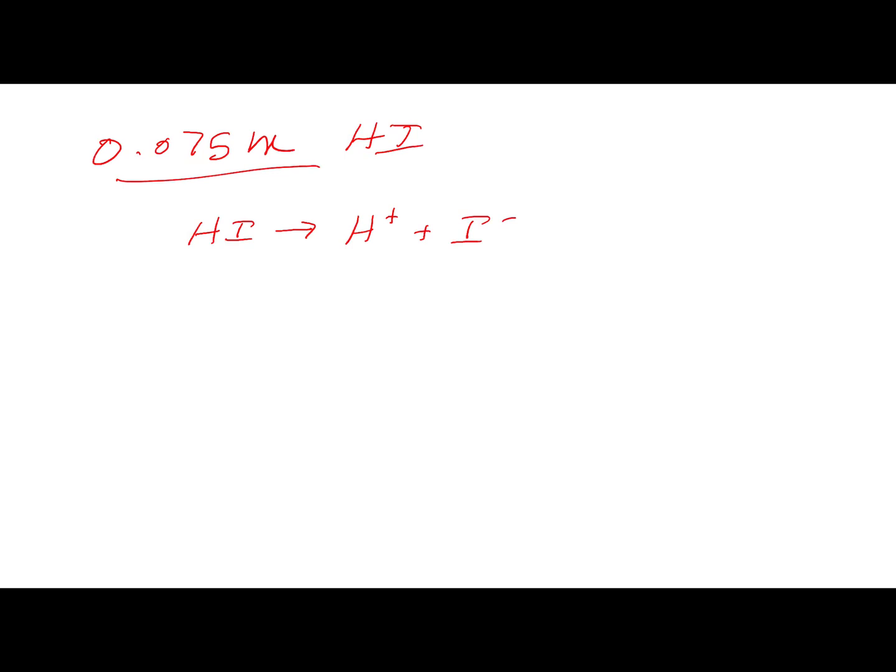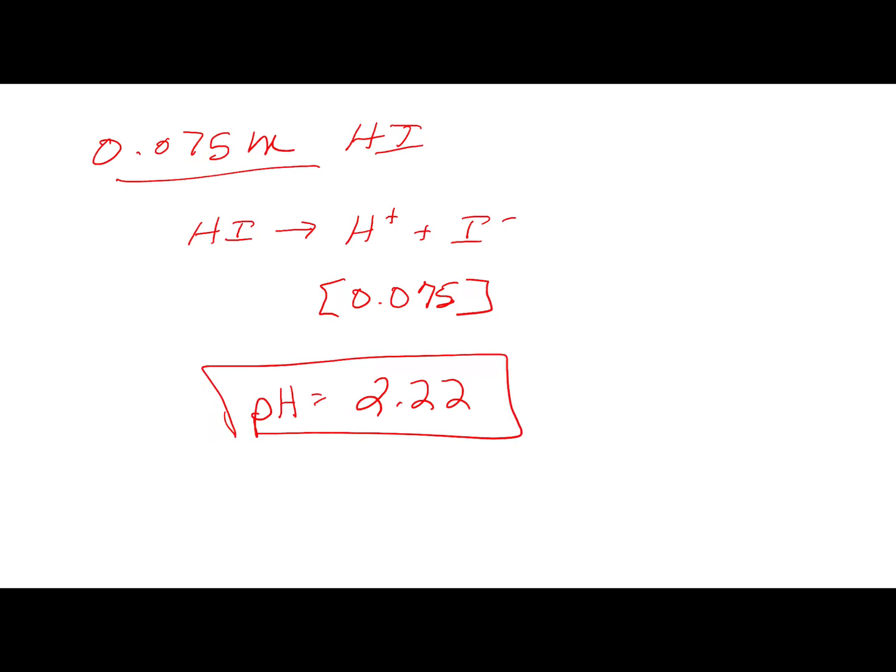And when it does that, the hydrogen ion concentration will be 0.075 molar. So for strong acids, we just take the negative log of the molarity. So we can do negative log of 0.075, put that in our calculator, and get 2.22. So the pH in this case is 2.22.